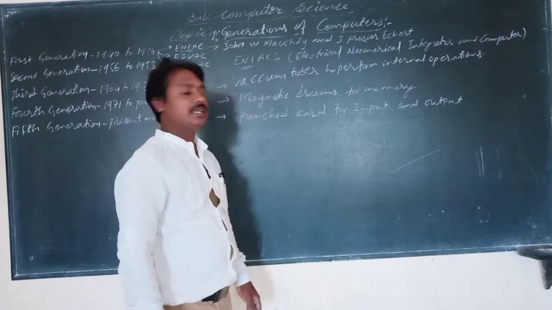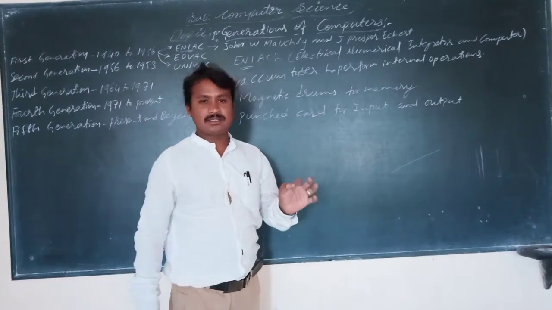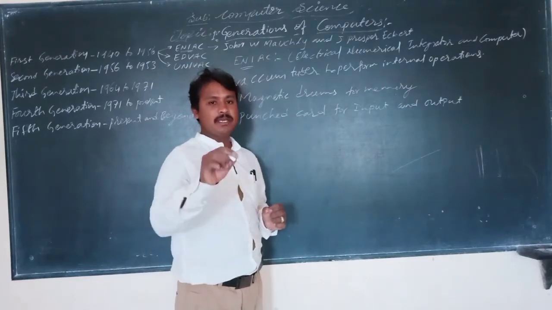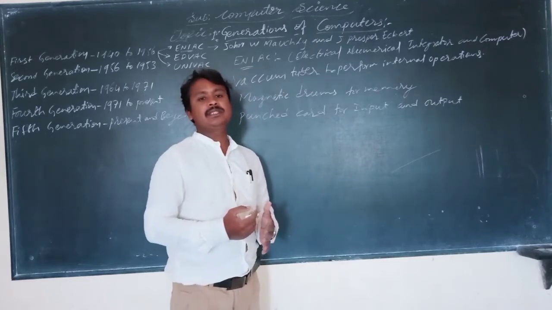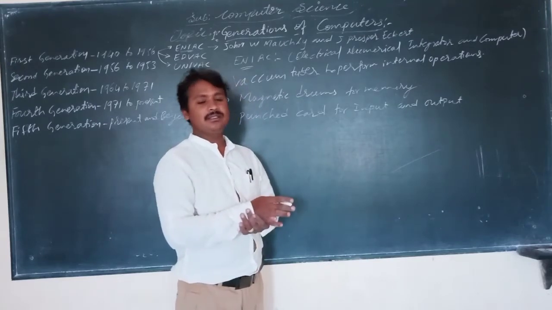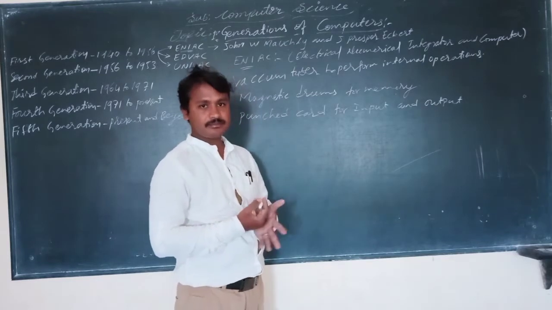Later on they used punched cards or paper tape for input, the same kind of paper we use for writing, and they got output as printout. Is it clear? Okay.